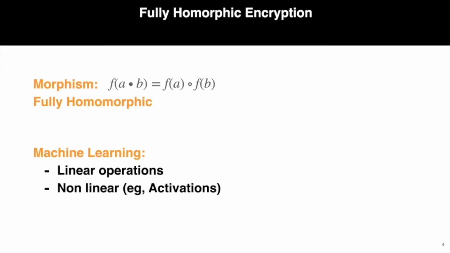You can combine them to finally get the encryption of A plus B without knowing the secret key. So that's morphism, and it was known for years how to build a cryptographic scheme with a single morphism, so with a single black circle operation.